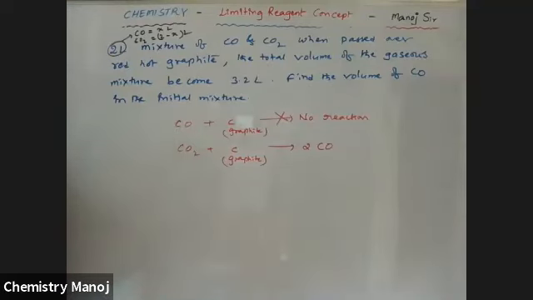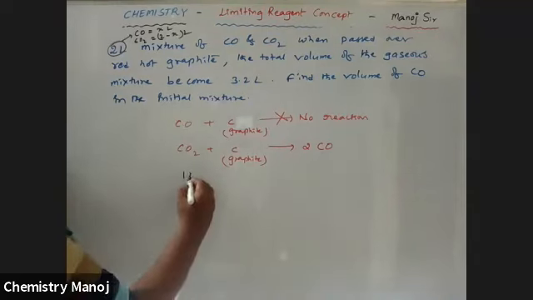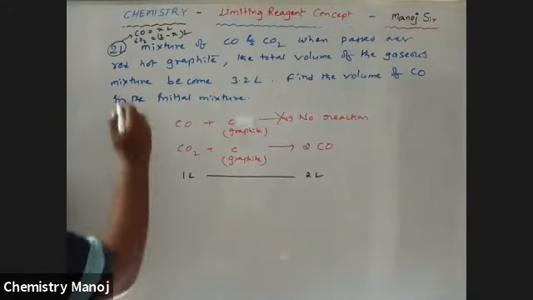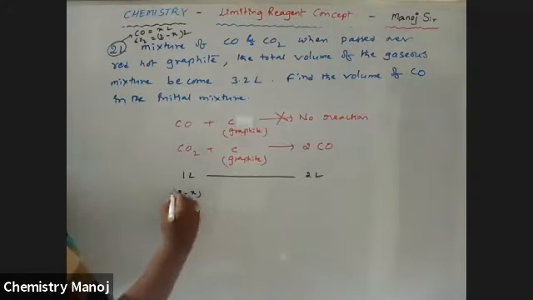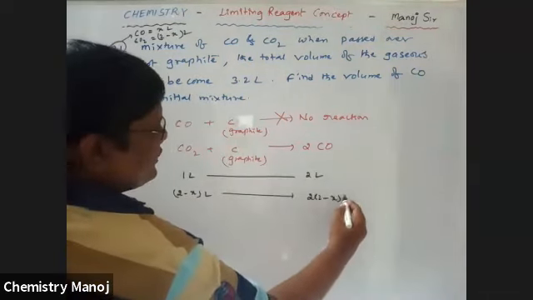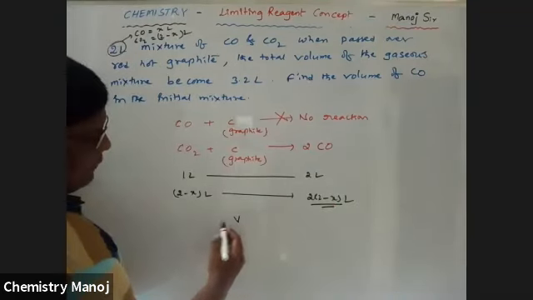That CO2 volume is 2 minus X liters. One liter gives 2 liters CO. Here 2 minus X liters are taken. So 2 into 2 minus X liters are produced.